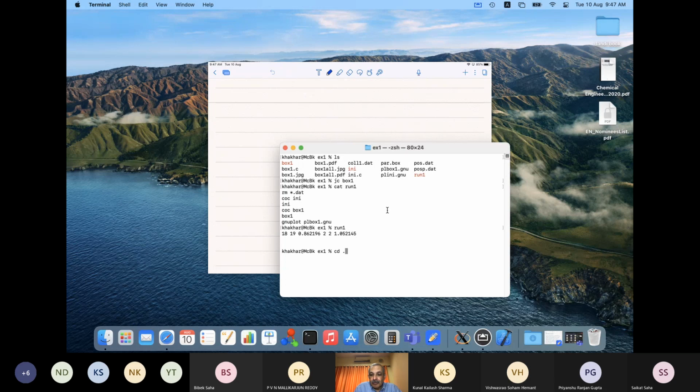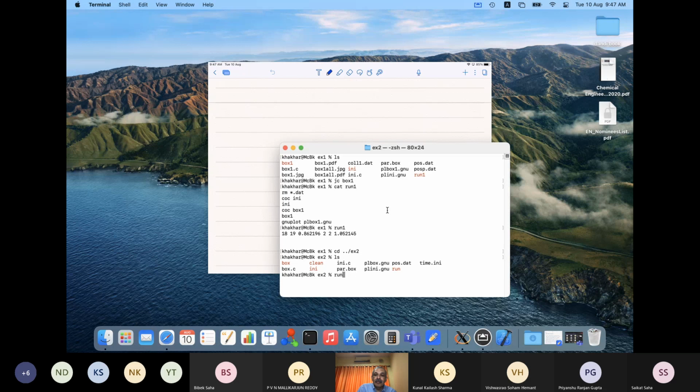You can go to a slightly more complex thing. Here, we want to run it for a longer period of time. When I say run, it runs the same program, but now it's not box 1, which ran only up to the first collision and stopped.